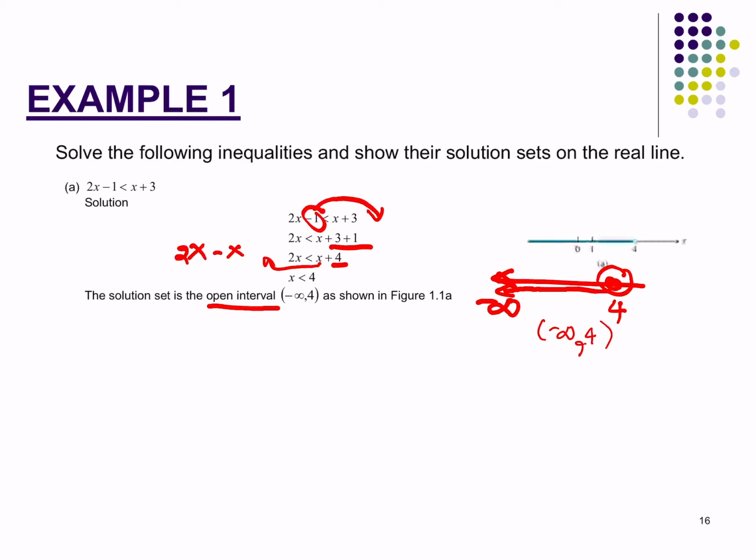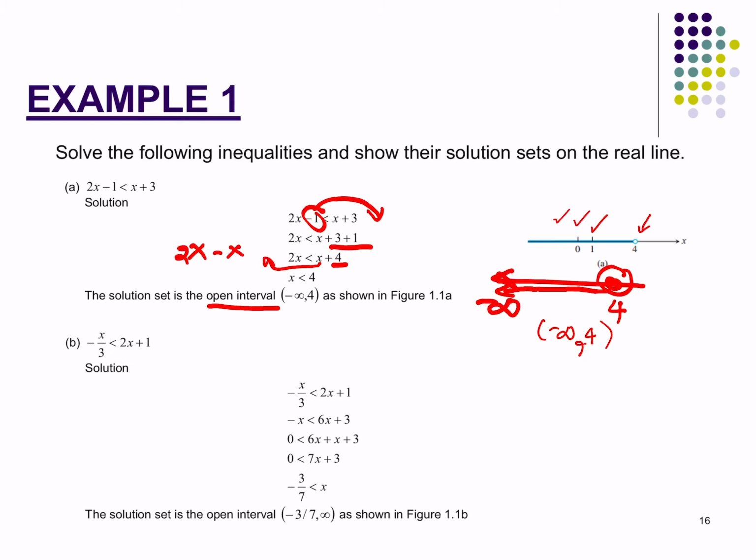And this is when you draw the line. You can see that you have the open circle at the point 4, and then you can draw the line toward negative infinity, which means that x can be 1, x can be 0, x can be -1, -2, and so on until negative infinity, but not 4 or a number that is greater than 4.